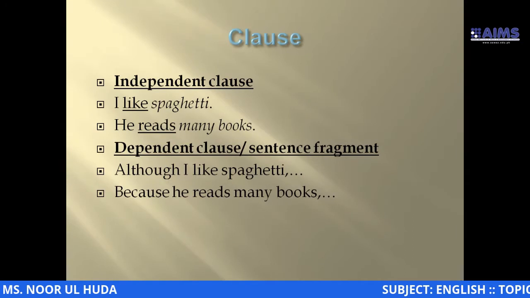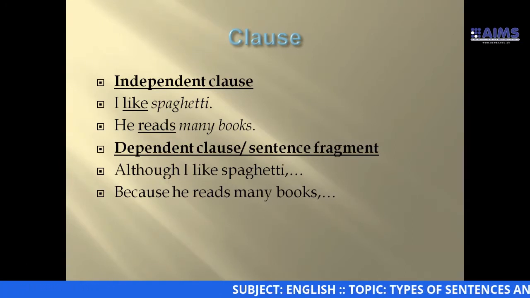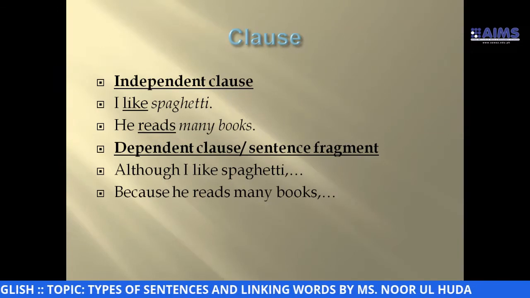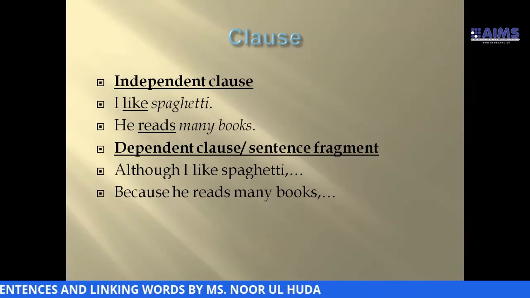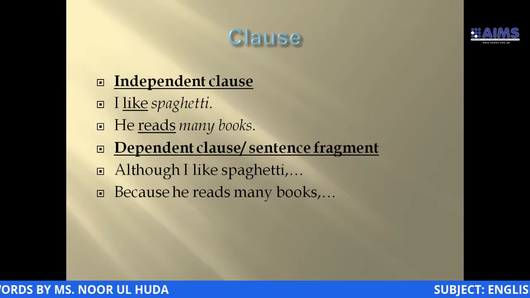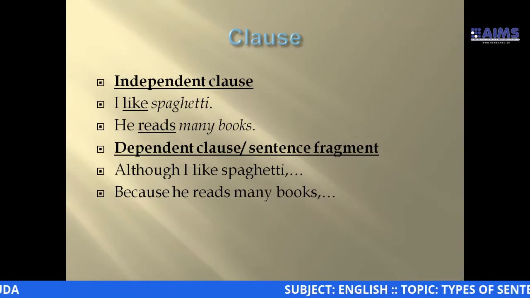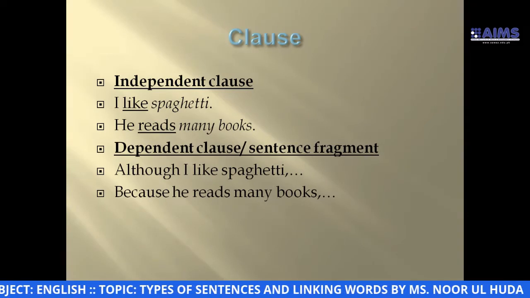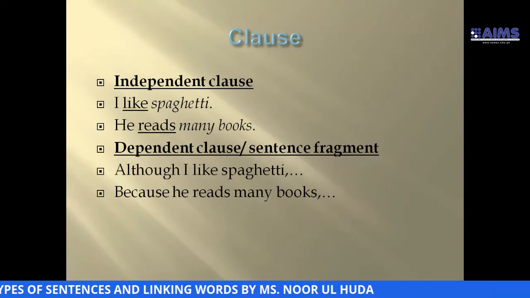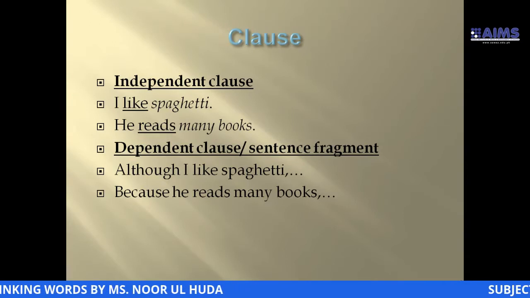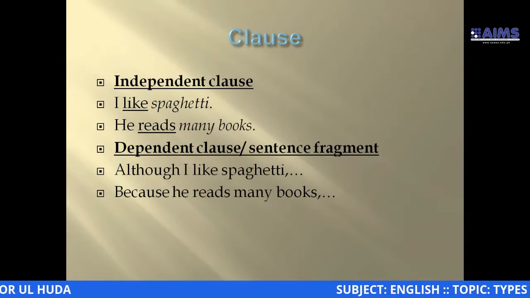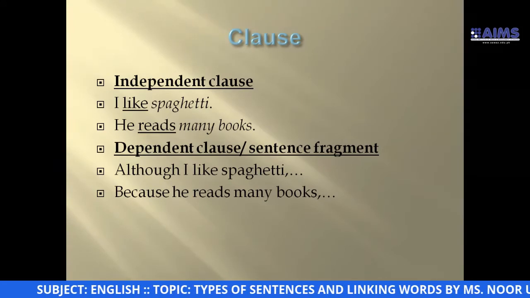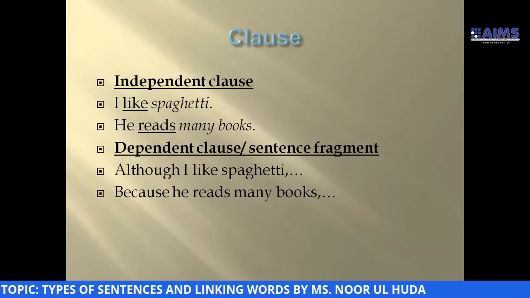If I include any kind of connective word, the connector "because", it becomes dependent, and this is how we get the fragment. Why do we call the dependent clause a fragment? Because a fragment is a part of a sentence. It's one chunk of the sentence. It cannot be the full or whole sentence.